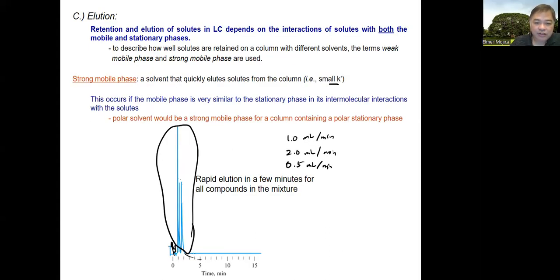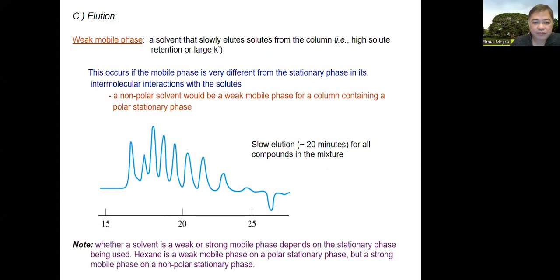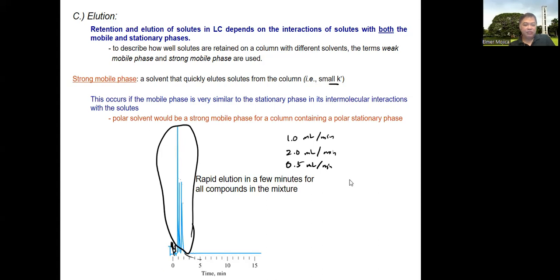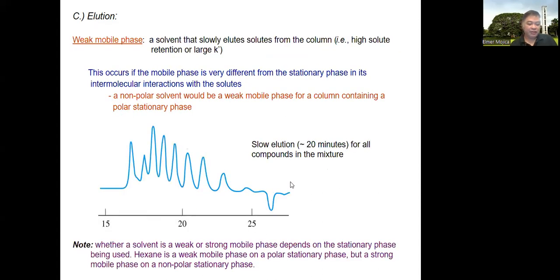Now, we can also look at the elution. If we use a weak mobile phase, what will happen? The solvent slowly elutes solute from the column. So there's what we call high solute retention or a large capacity factor.